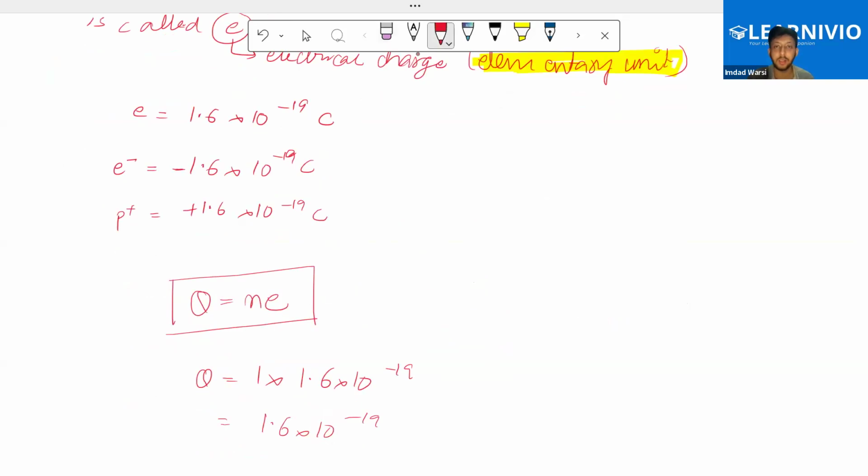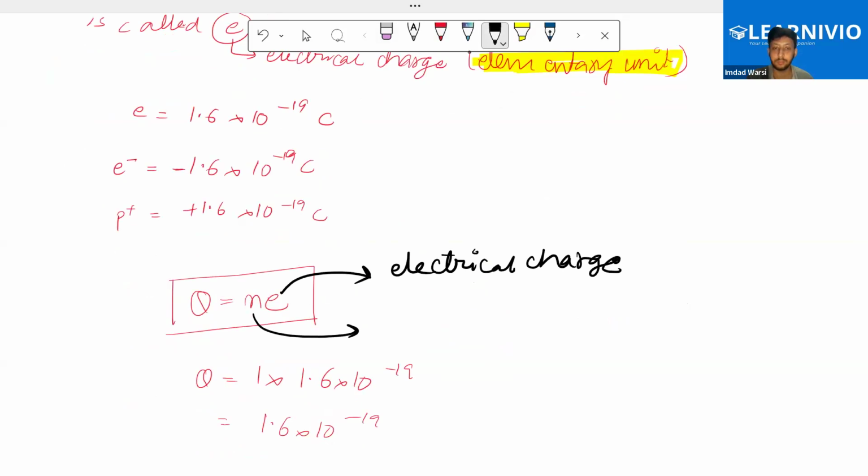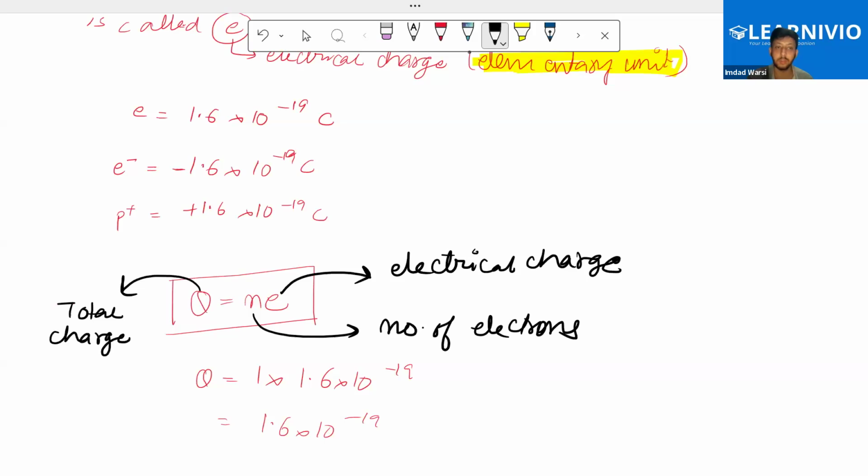Now in this Q is equal to NE, what is E? The amount of charge, electrical charge. What is N? Number of electrons. What is Q? Q is the total charge. Okay, write it down.